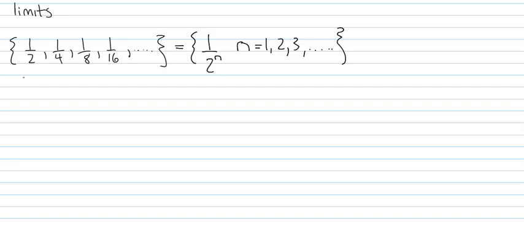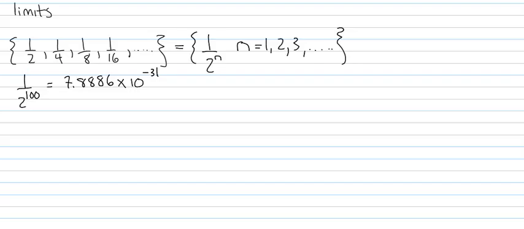For example, the number 1 over 2 to the n for n equals 100 is going to be about 7.8886 times 10 to the negative 31. Now that's a very, very small number, but it's not actually 0.